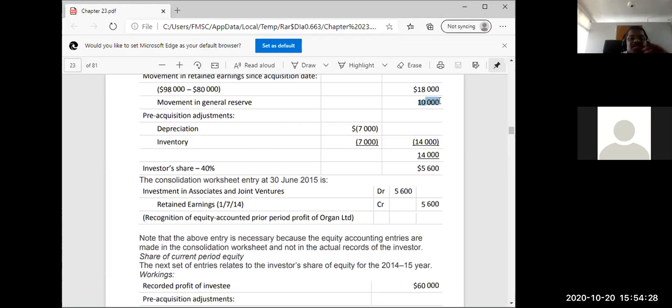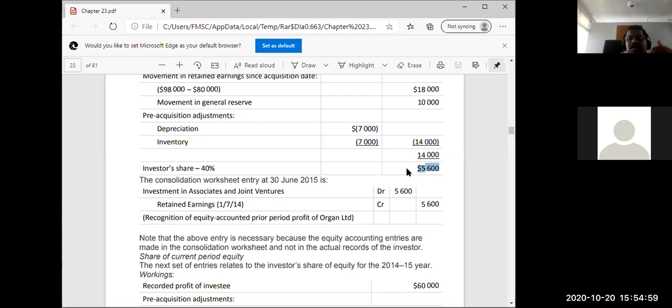So you have to add the general reserve transfer. As I told you, there is no movement. You just add it, because in the retained earnings this has already been deducted, but you have to add it back. And you can remember we made two adjustments in the first year, so you deduct them. Basically, the investor's share is 5,600.